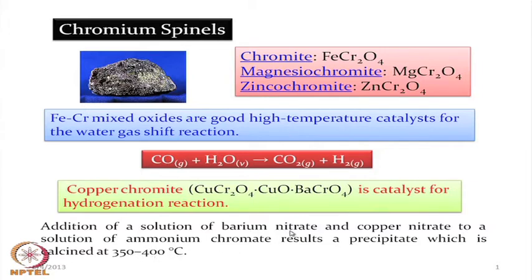So, the presence of ammonium nitrate in the medium is basically responsible for the reduction of the precipitated copper chromate at high temperature, say not at 500 degree centigrade, but less than that, in the range of 350 to 400 degree centigrade. At this particular temperature, the ammonium nitrate which is present will be responsible for the reduction of copper chromate to copper chromite.